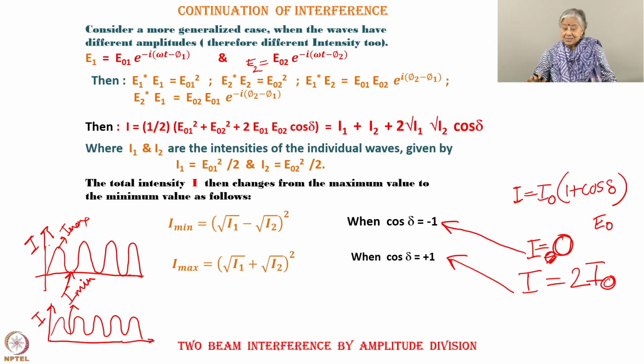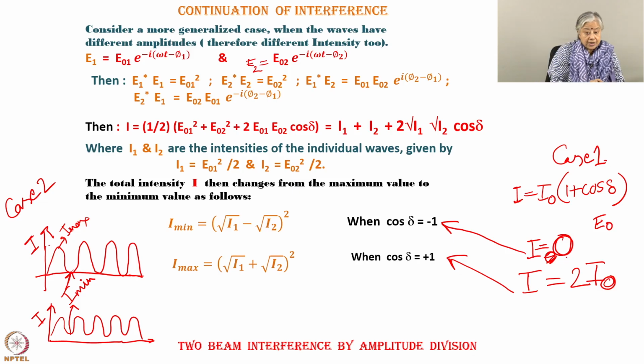So this is case 1, and this is case 2. In case 1, your minimum intensity is exactly 0. So it relates to this equation, where this is absolutely 0.